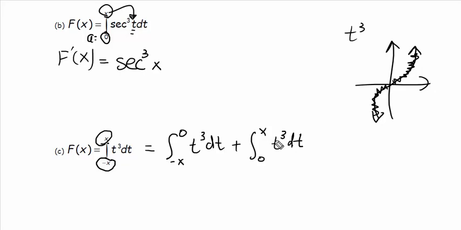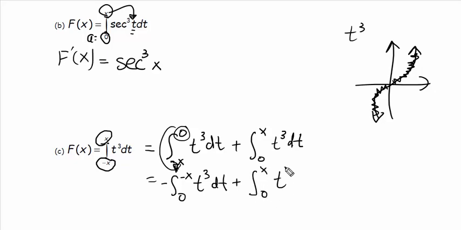Alright, so now what I want to do is make sure that the a, or the 0, is my lower limit. So I can do that by putting a negative in front and then switching the 0 and the negative x. And then this one over here, the 0 is already on the bottom, 0 to x of t cubed dt.